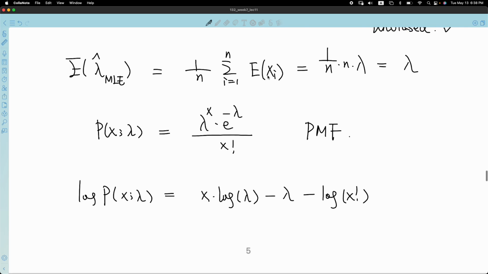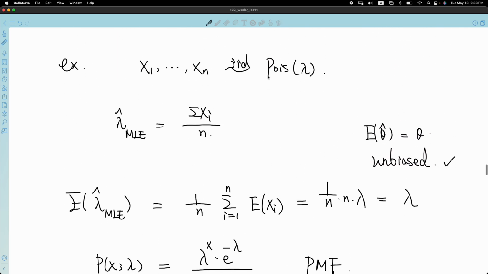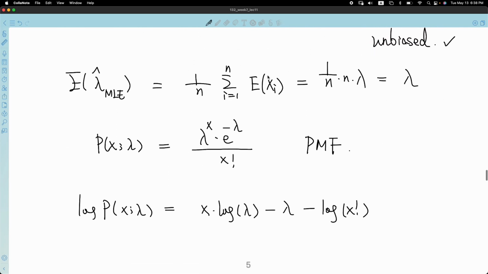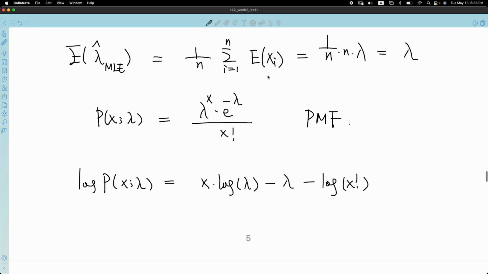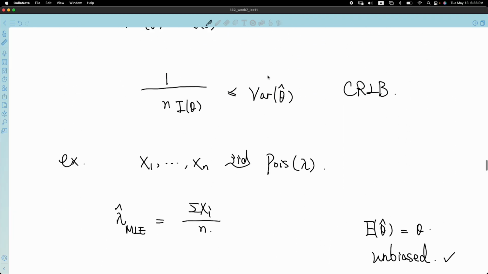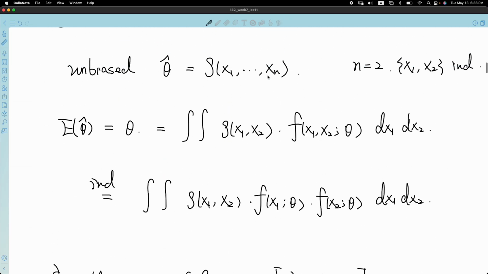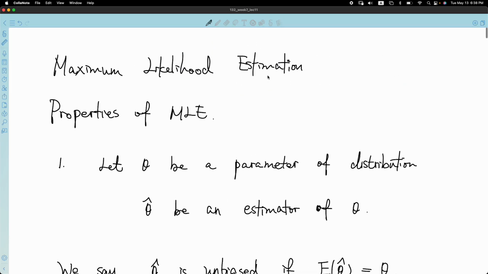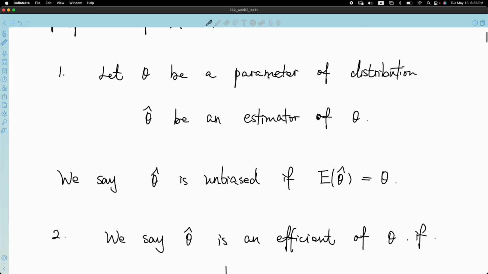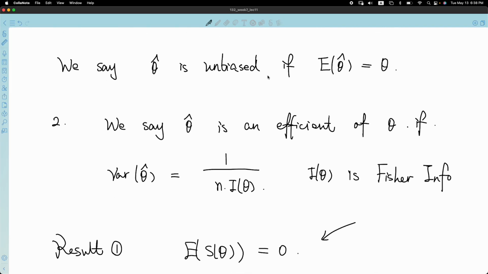You're just asking about the efficient part, right? Okay, so let's say there are two unbiased estimators... actually, I'm not sure. So you want to verify the uniqueness of two efficient estimators.